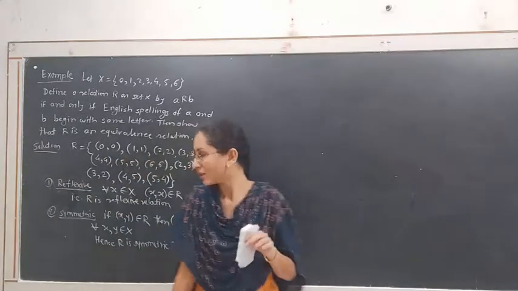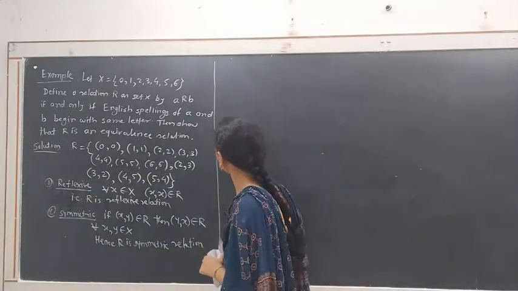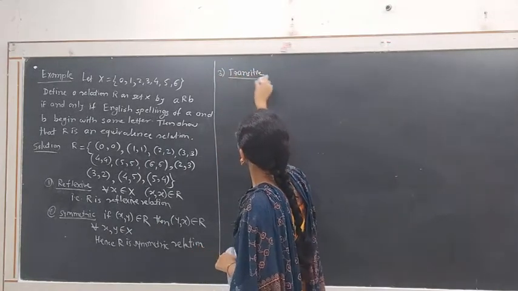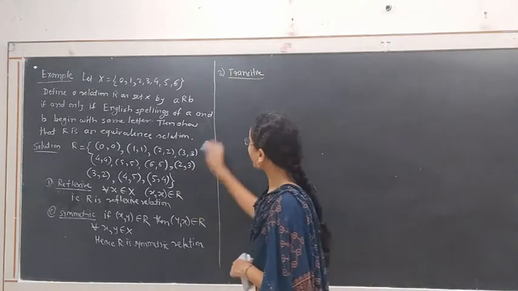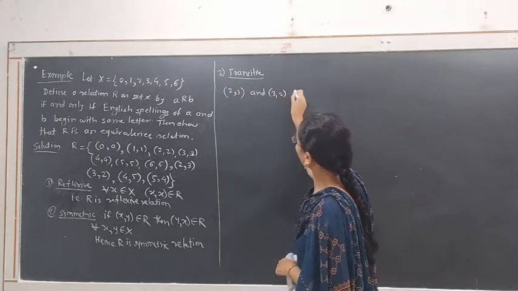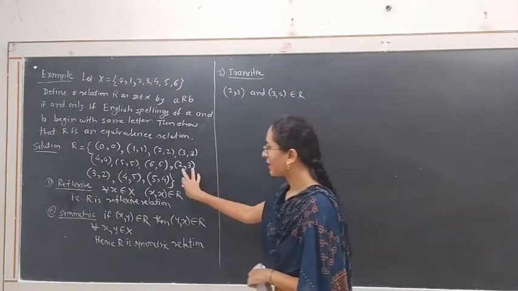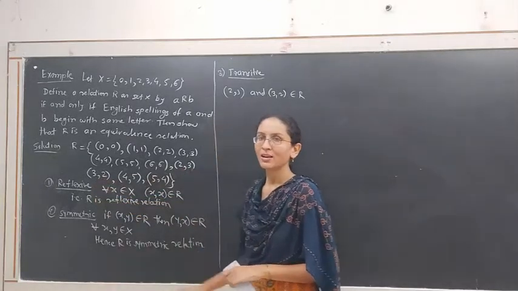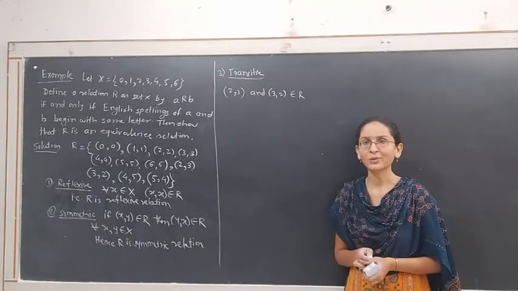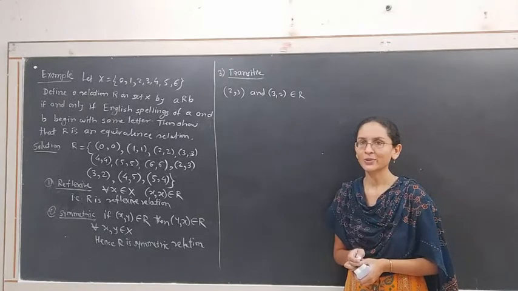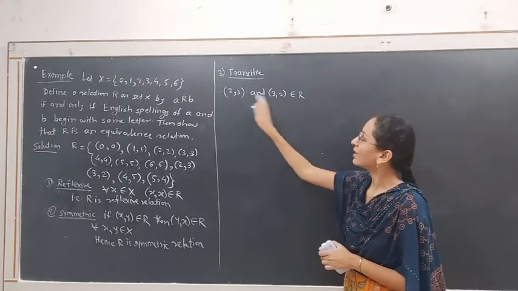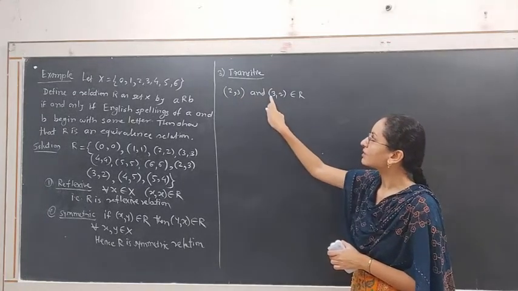Next we see transitive. If the ordered pairs (2, 3) and (3, 2) belong to R. See, the ordered pairs (2, 3) and (3, 2) belong to R. We have the definition of transitive relation as: if the ordered pairs (x, y) and (y, z) belong to R, then the ordered pair (x, z) belongs to R. These are ordered pairs of the form (x, y) and (y, z). 2 is related to 3 and 3 is related to 2.